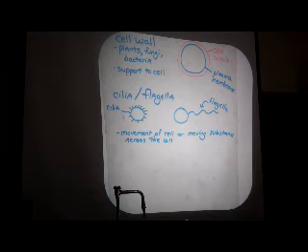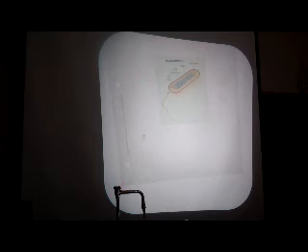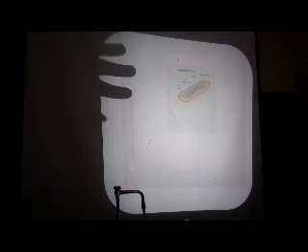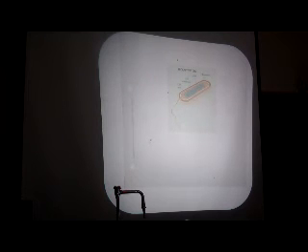So, any questions? Let's look at some pictures. This is a typical prokaryotic cell. I think I showed it at the beginning of the chapter. Now that we're at the end of the chapter, we've talked about all these structures.